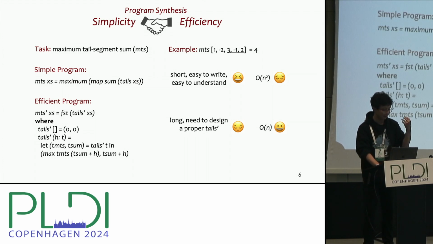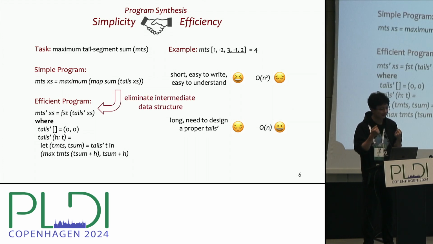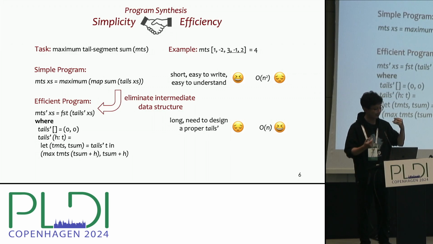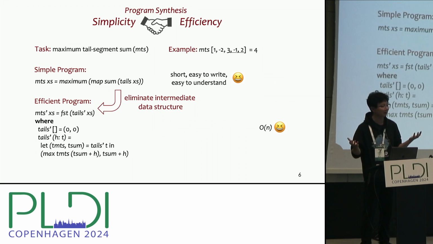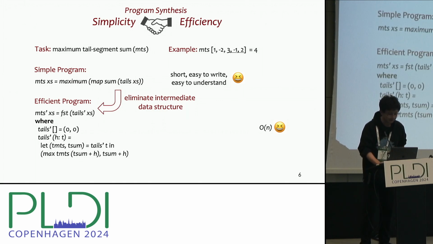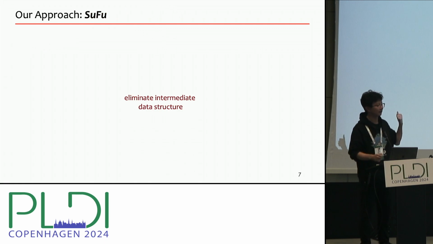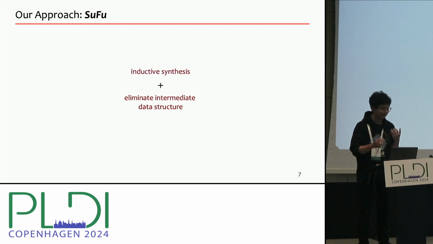In detail, we want to come up with an optimizer that can automatically eliminate intermediate data structures, transforming the simple program into the efficient program. And in this way, the user can feel free to write simple programs, and there will still be an efficient program for the runtime performance. Okay, so following this goal, we propose our approach SuFu, which uses inductive program synthesis as the backend to eliminate intermediate data structures.